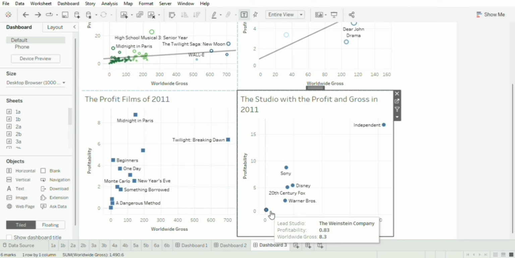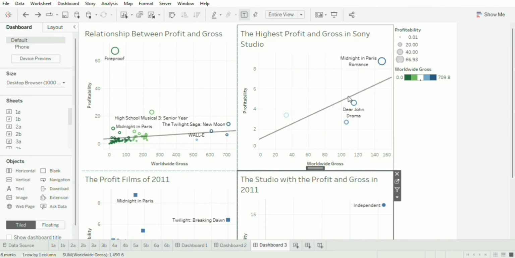But for studios like Warner Bros. in 2011, maybe investors will avoid them, because the history says that in 2011 they didn't have really good profit and growth.